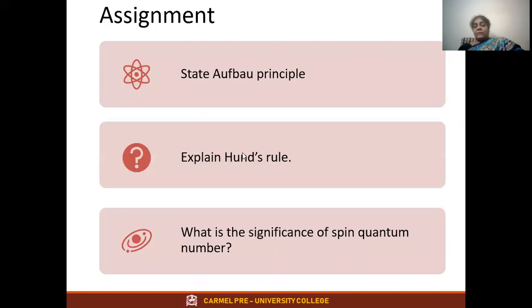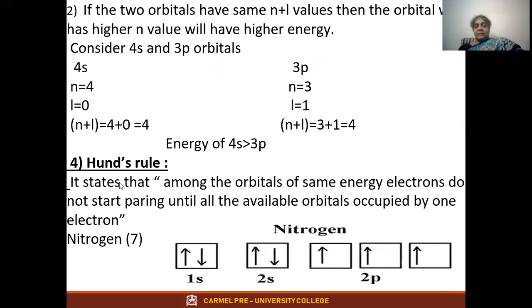Explain Hund's rule. How do I explain Hund's rule? It states that among the orbitals of same energy, electrons do not start pairing until all the available orbitals are occupied by one electron. So, especially of equal energy, if you take 2p: 2px, 2py, and 2pz, all these 3 orbitals are the same.